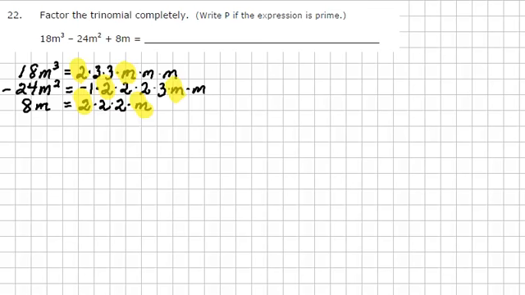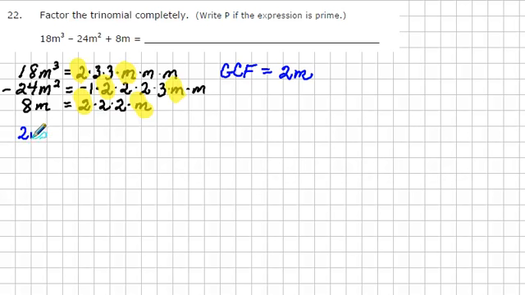So we'll indicate that our greatest common factor, which we'll abbreviate as GCF, is equal to 2 times m. So at this point we'll factor out the greatest common factor.